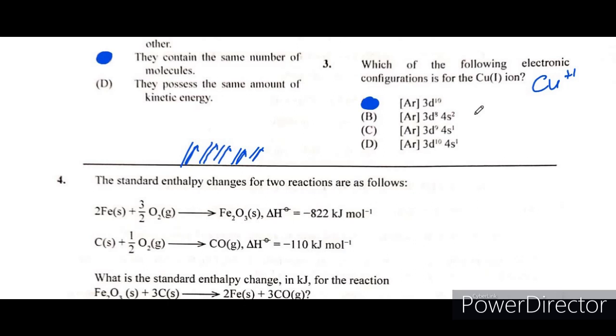And the reason, well, you need to remember that chromium and copper, those elements have 1 electron in their 4s because of the half filled and the almost filled or the filled 3d orbital.